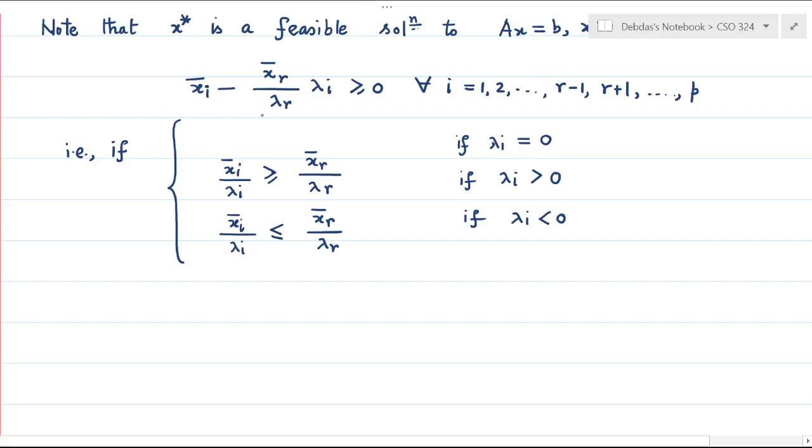And where is your liberty of choosing something such that this will hold? The choice in which you have liberty is the choice of this variable r.